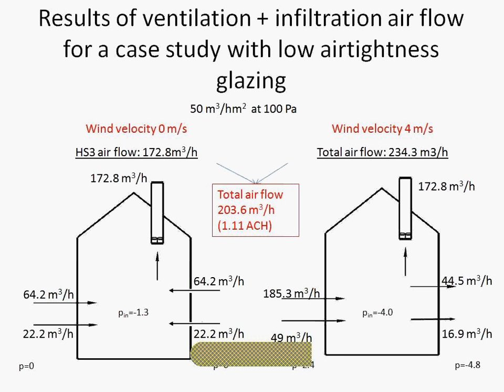This is an example. We're calculating here the case of a standard dwelling in Spain, and we are calculating the airflow rate with no wind and with a wind velocity of 4 meters per second. Then we have the average, which is the total airflow that we have to comply with.